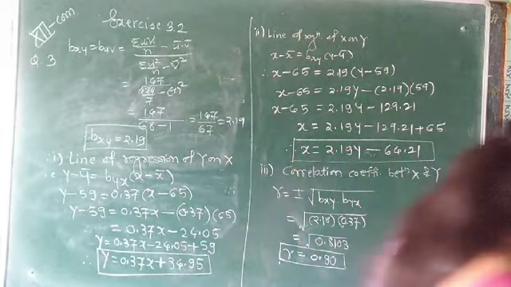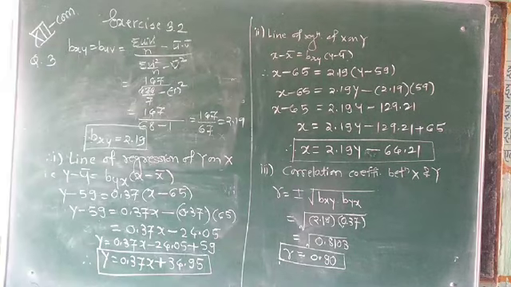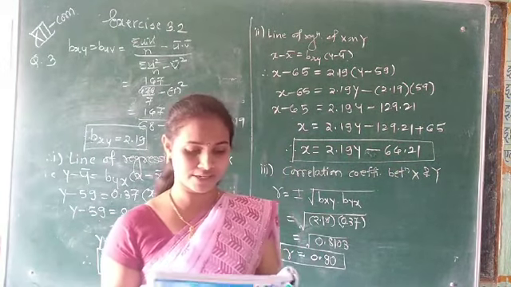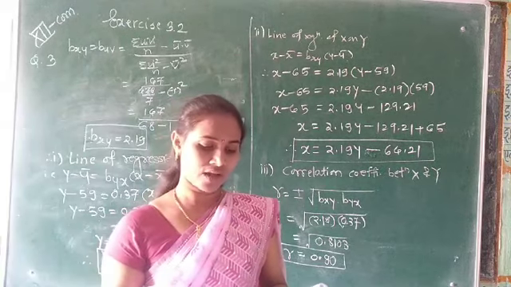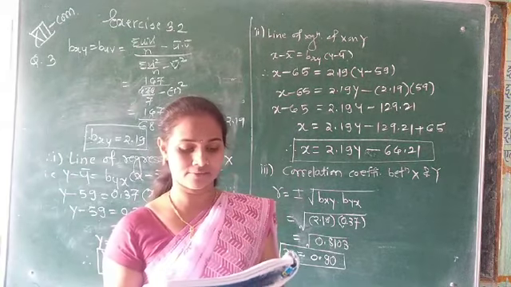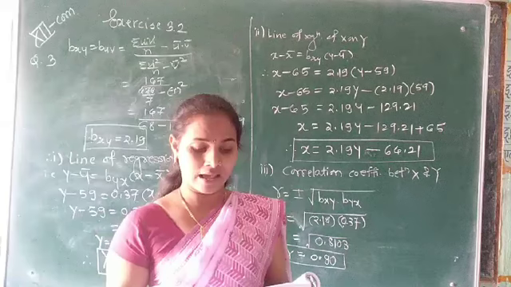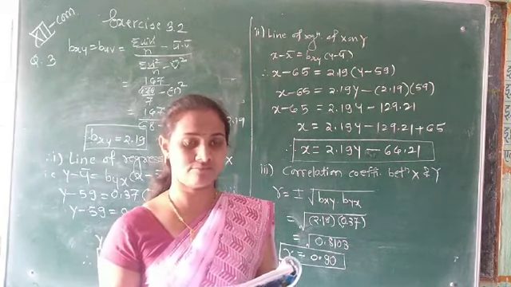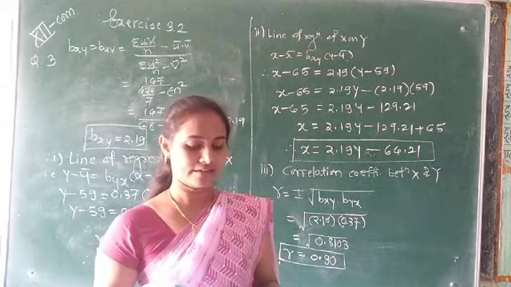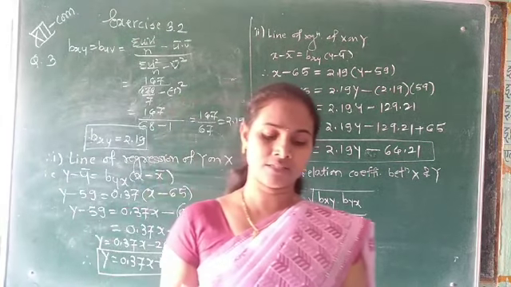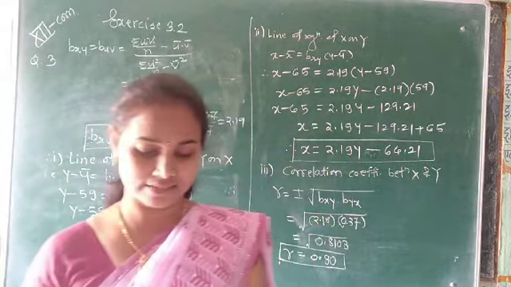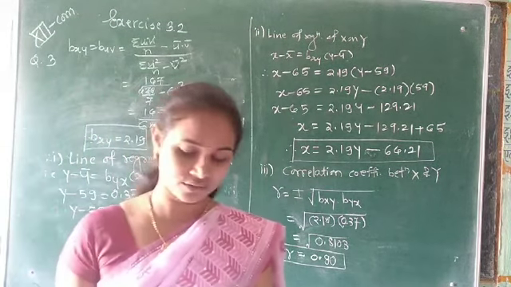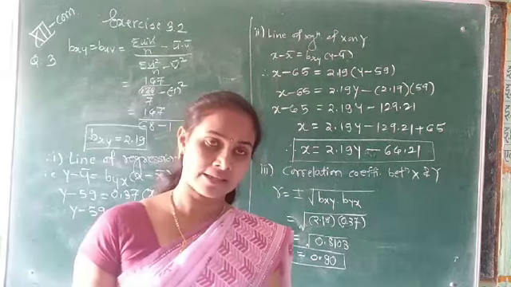Now see the next question, question number 4. You are given the following information about the advertising expenditure and sales. We have the advertisement expenditure X, in rupees lakh, and the sales in rupees lakh, which is called Y. The arithmetic mean and the standard deviation of the advertisement expenditure and the sales are given. We are also given one more value, the correlation coefficient between x and y, which is 0.8.